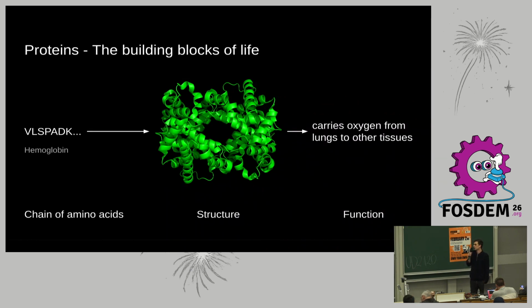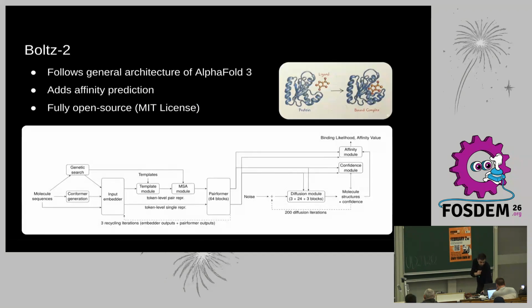So it is really important to predict the structure, and that was a huge problem for 50 years in biology. AlphaFold 2 basically solved this problem and was therefore awarded the Nobel Prize in 2024, and it can predict those structures in minutes and not years.